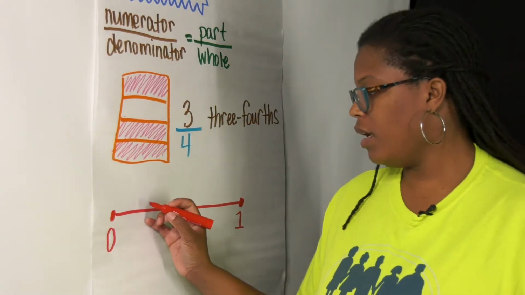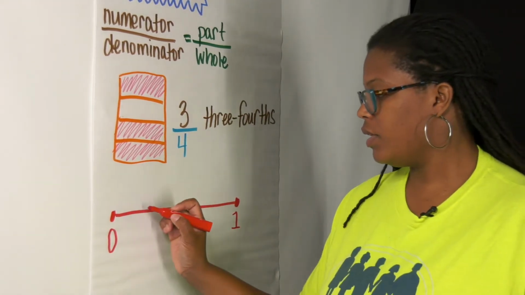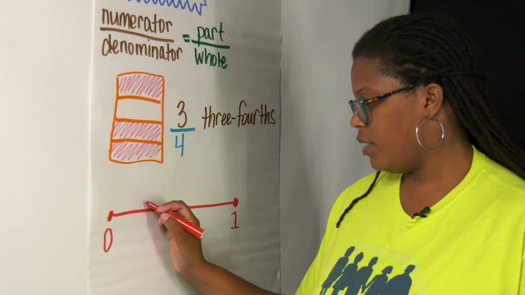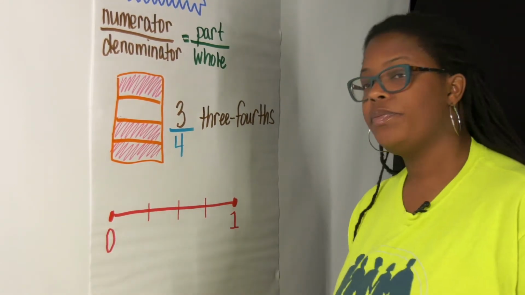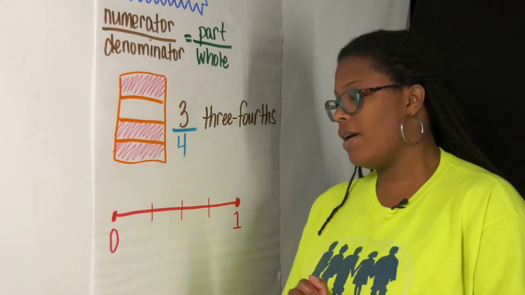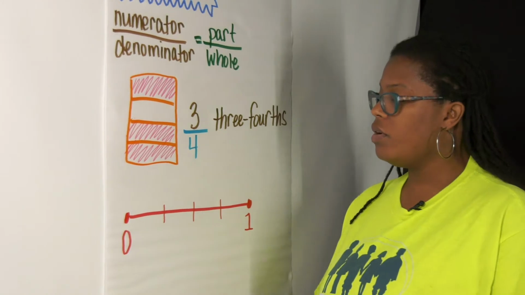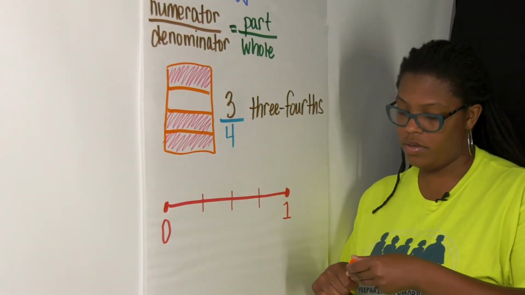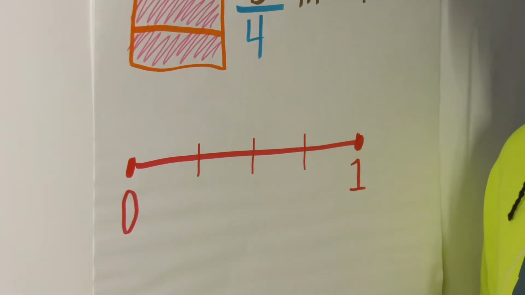that means from 0 to 1, I should count 4 times. So I will put 3 ticks here: 1, 2, 3. And I'm going to explain how this number line is in fourths. So how do you find out the fraction part of your number line?